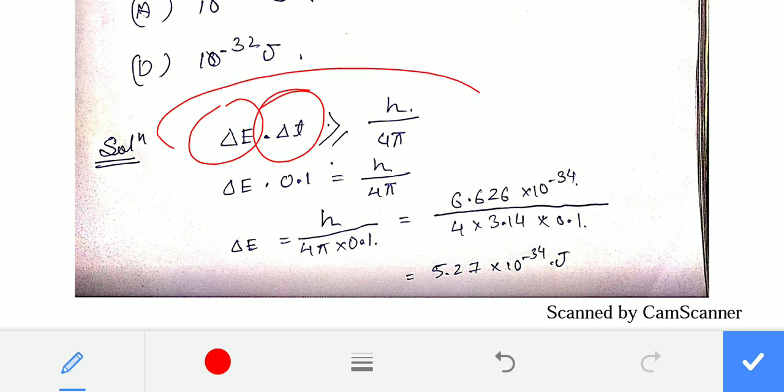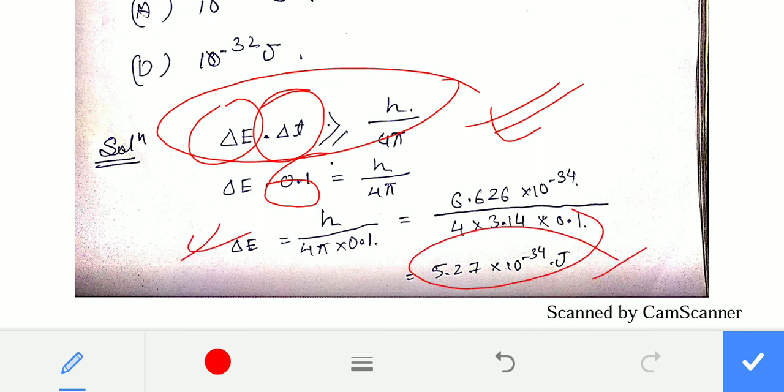If you put 0.1 here, which is the uncertainty in time, the energy will be 5.27 into 10 to the power minus 34 joule.